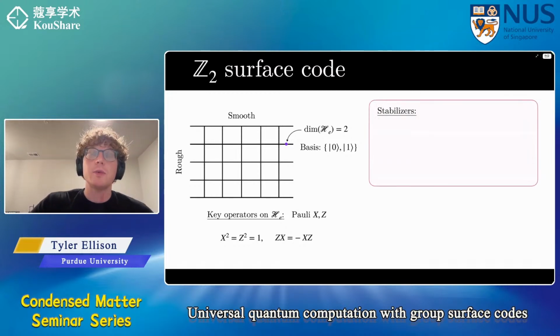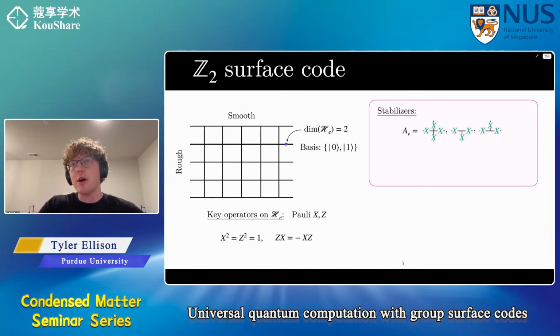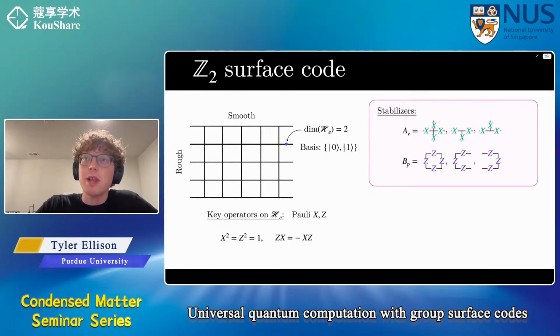The code space where we'll store quantum information is defined implicitly in terms of a set of stabilizers. There are two types of stabilizers. First, the vertex stabilizers are a product of Pauli X operators around a vertex. Note that we've truncated this product of Pauli X operators along the smooth boundary. There are also plaquette stabilizers.